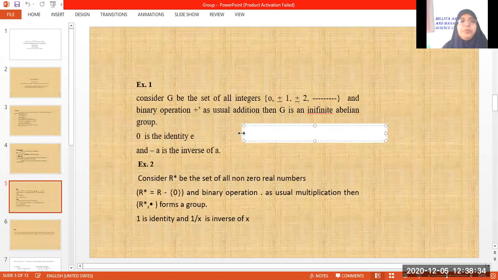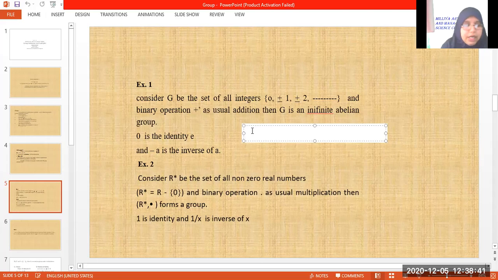Here, we know that addition of two integers, that is A plus B, if A and B are integers, then the result, that is C, is also an integer. For example, 2 plus 7 is equal to 9.